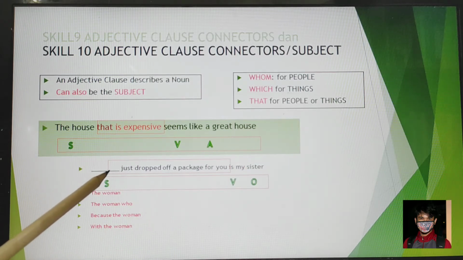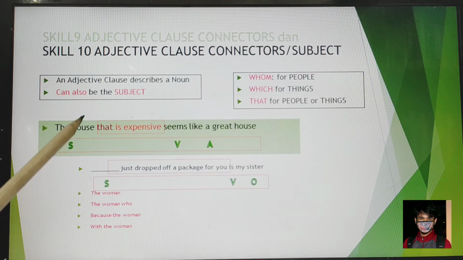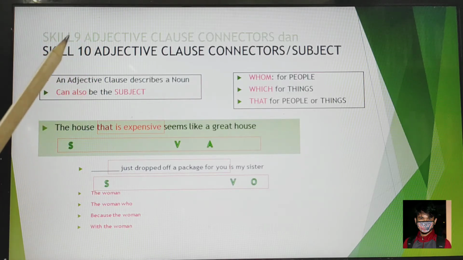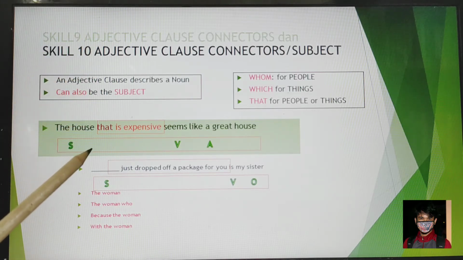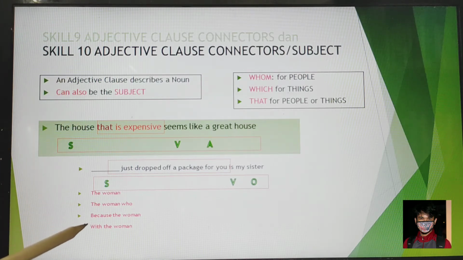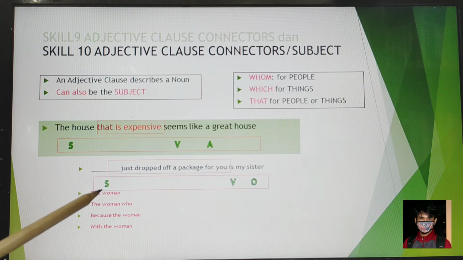If there is something like this, you should figure out that the sentence must start with the subject. The subject must be a noun, so these options are totally incorrect. You have only two options: the woman or the woman who.